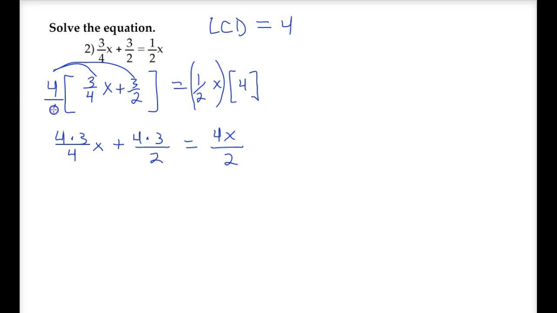And remember here that when we say 4 here, that's like saying 4 over 1. So we multiply numerator with numerator, denominator with denominator. If you notice here, 4 times 3 is 12, and 12 divided by 4 is 3. So you could look at it that way, or you could say that 4 and 4 reduce to 1, and you're just left with 3x.